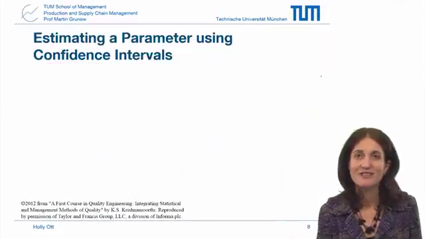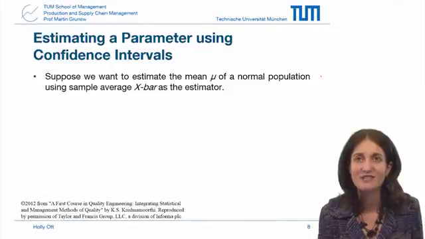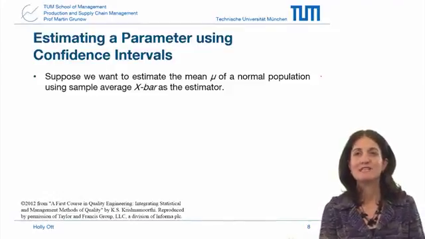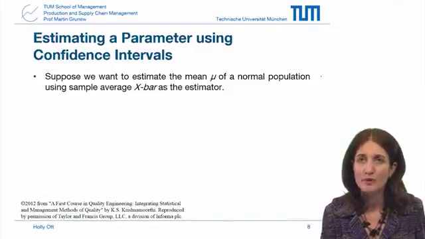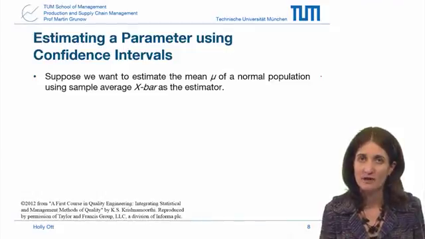So let's look at this in terms of equations. Estimating a parameter using confidence intervals. Suppose we want to estimate the mean mu of a normal population using the sample average x bar as the estimator.